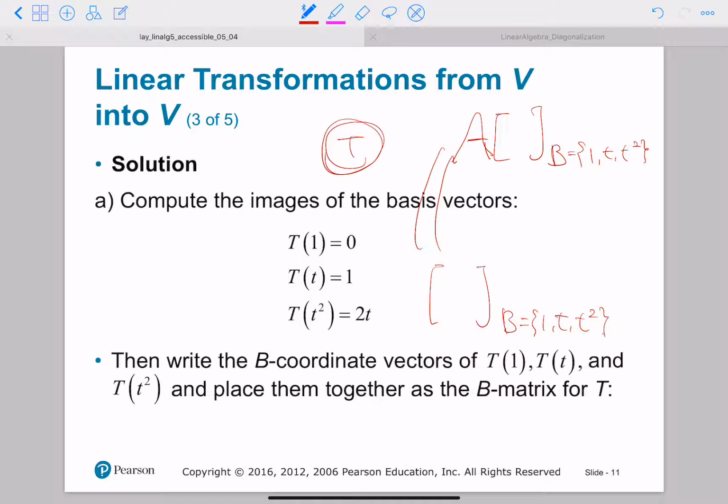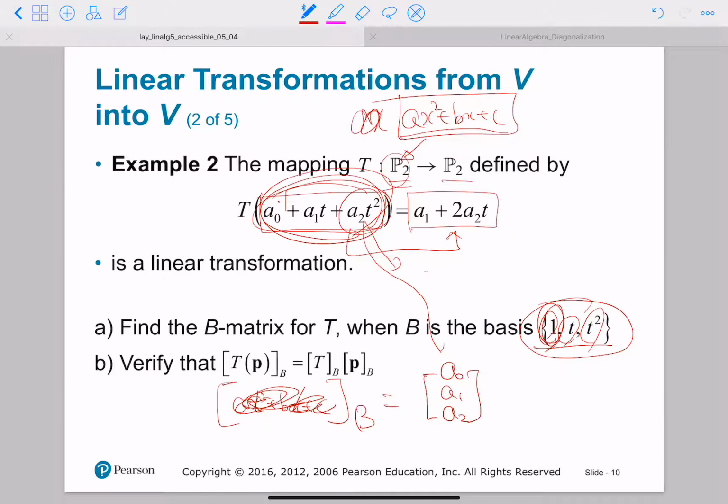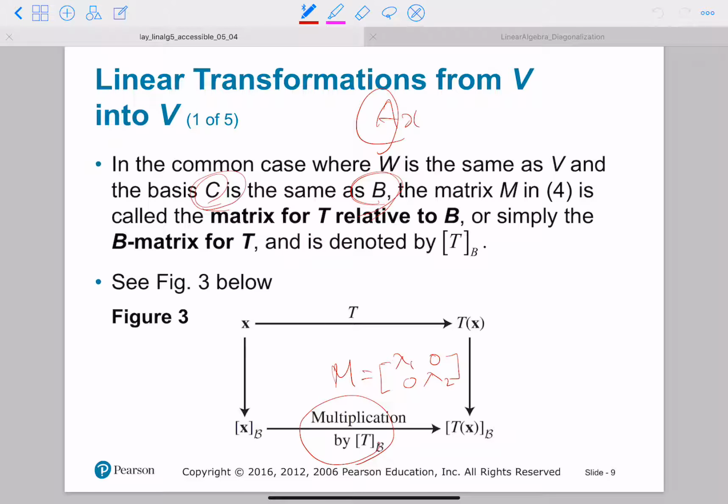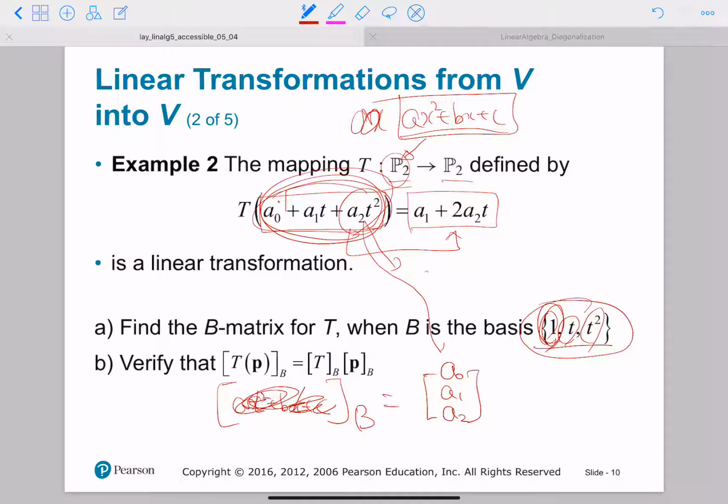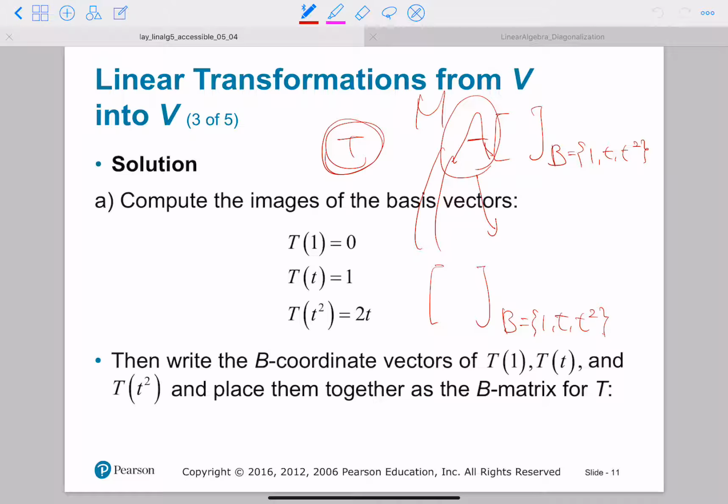Okay? And now, how can we form this matrix A, or maybe M that we denoted over here? We simply fill out those columns. So the first column will be T of what?